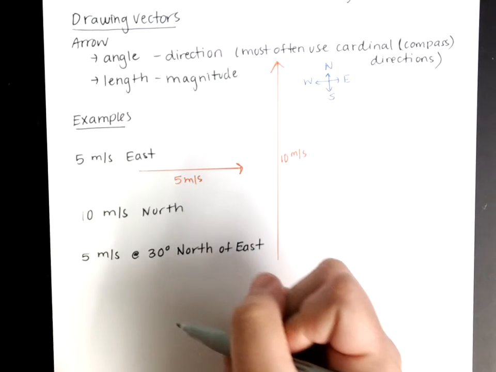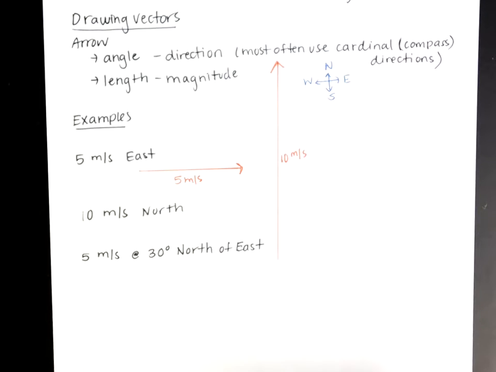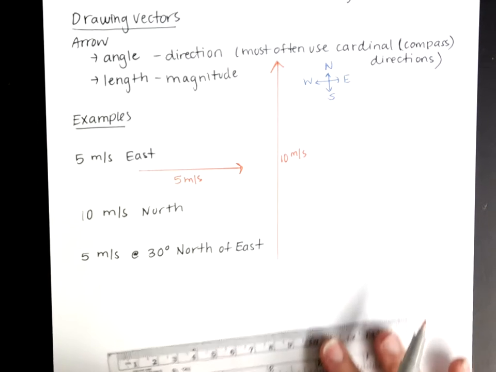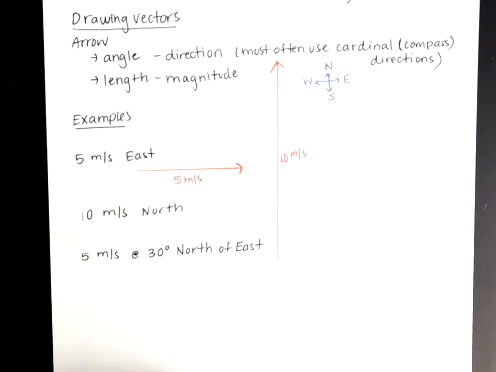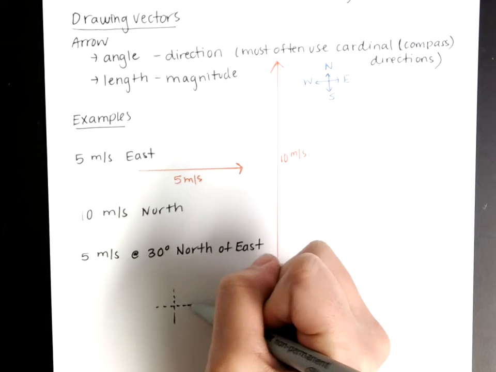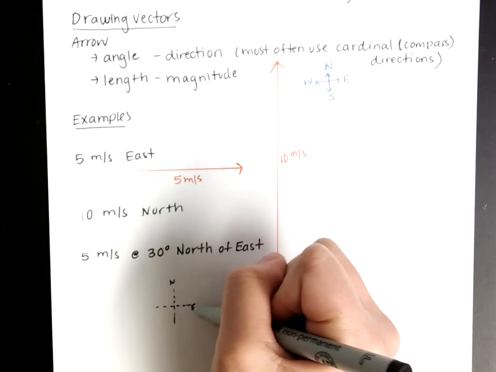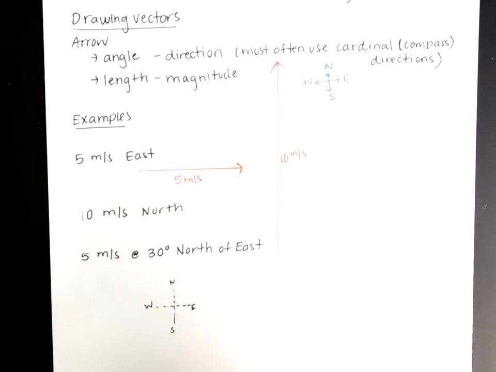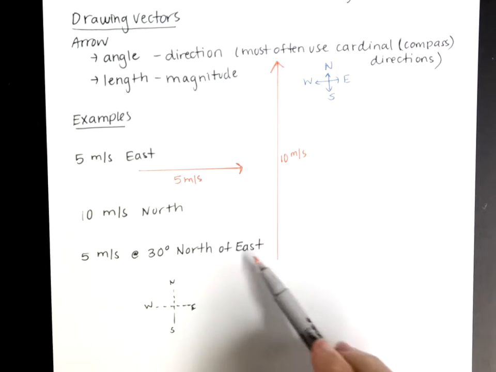So we want to be north of east, so 30 degrees. Once again, it's still 5 centimeters. So we know that if we draw a little compass, just a simple one with dotted lines, north, east, south, west. So I'm going north of the easterly direction.